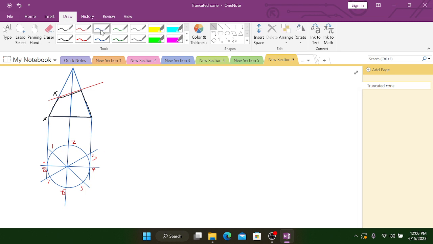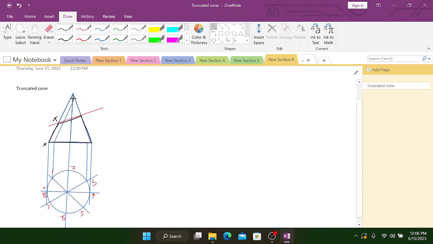Then I have to draw vertical lines. Okay, I have to draw vertical lines from 1. Through 1 I have to draw a vertical line, and through 3 also I want to draw a vertical line up to this horizontal surface, and from this point I am going to connect with this apex.